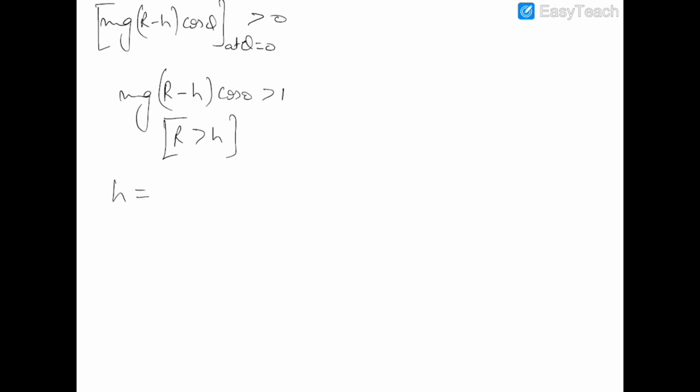Now we know that the value of h can be calculated. H is equal to, I am calculating the value of h by using the formula m1 y1 plus m2 y2 upon m1 plus m2, where m1, m2 are the masses and y1, y2 are the y coordinates of the center of mass of these two objects from ground.